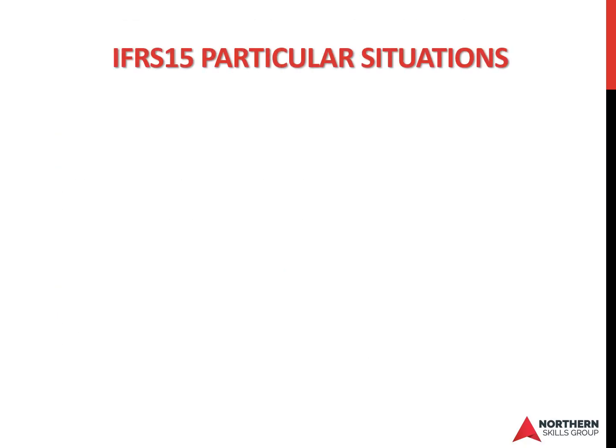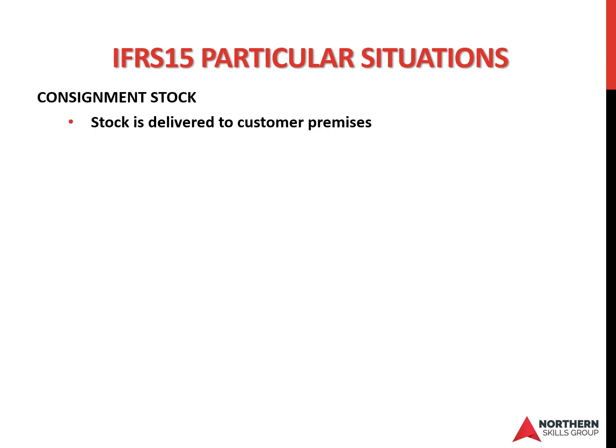Now, the first of these two situations concerns consignment stock. This is where stocks, usually of raw materials, are delivered to a customer's premises well before they're actually used by the customer. So stocks are delivered very early to the customer.